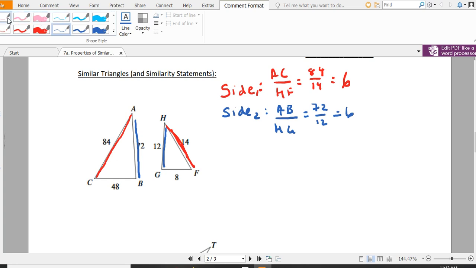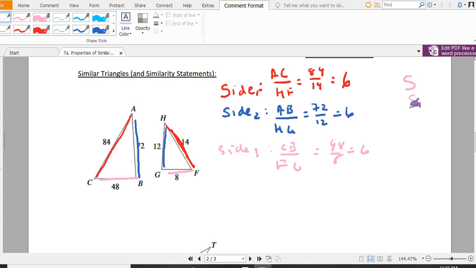And last but not least, let's look at the bottom one here, side 3. I'm going to go from CB with FG, that's 48 divided by 8, which also equals 6. So here's one of our similarity statements.